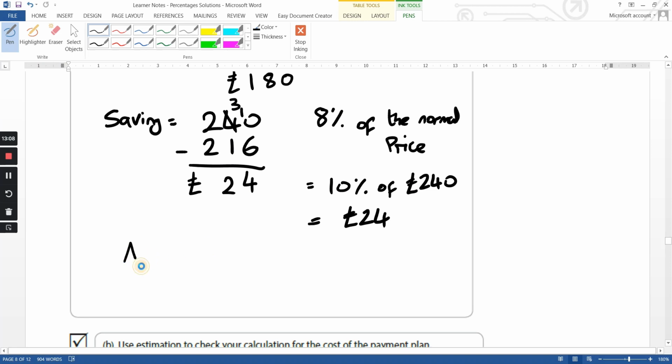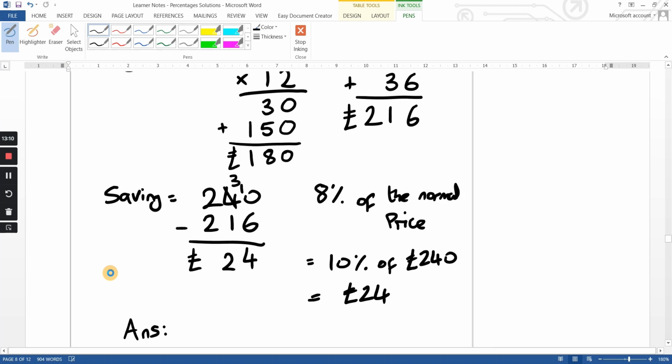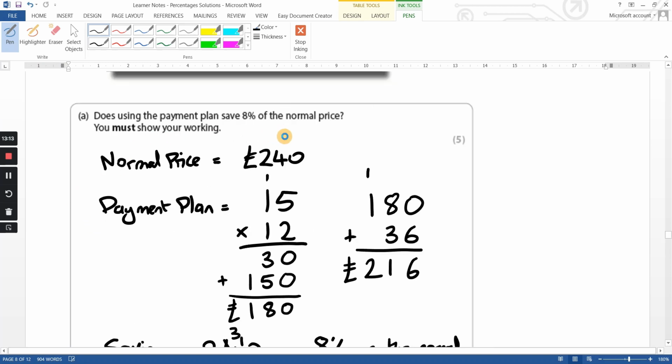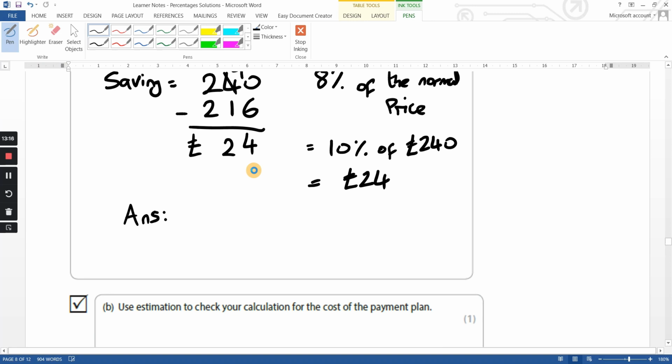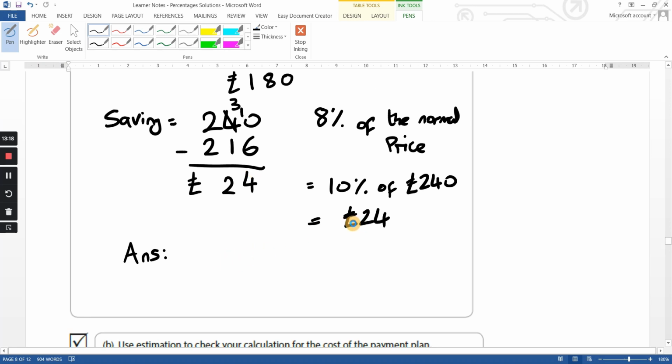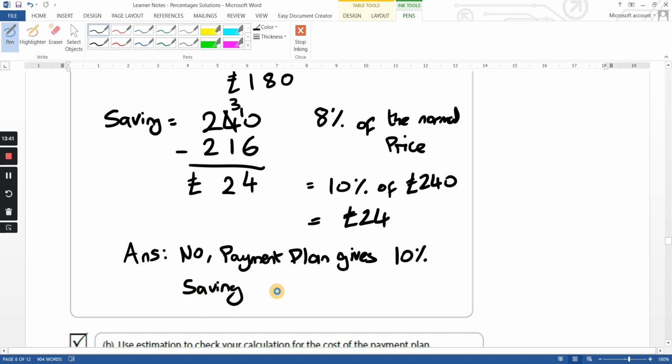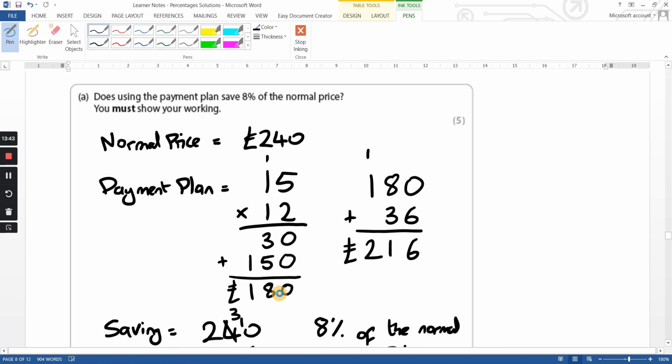So you can say, does using the payment plan save 8% of it? And you could say no, it doesn't. It's actually 10%. So we'll say no. Payment plan gives 10% saving of the normal price.